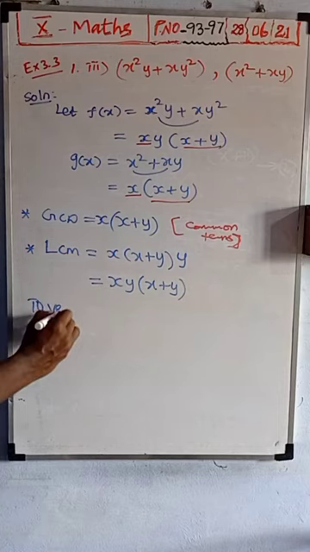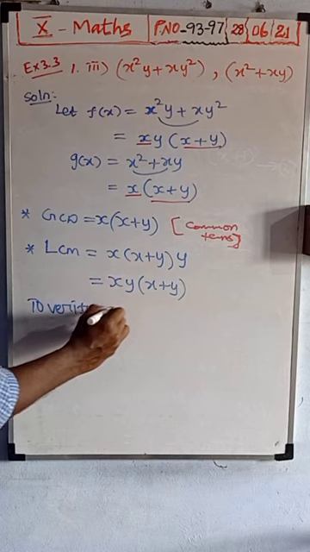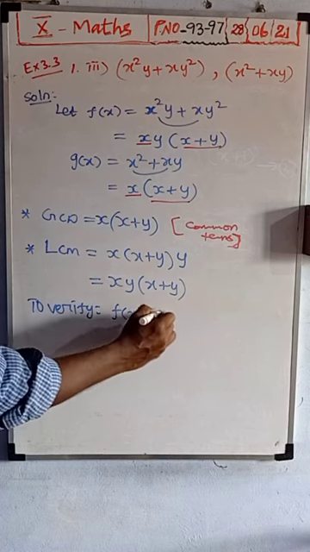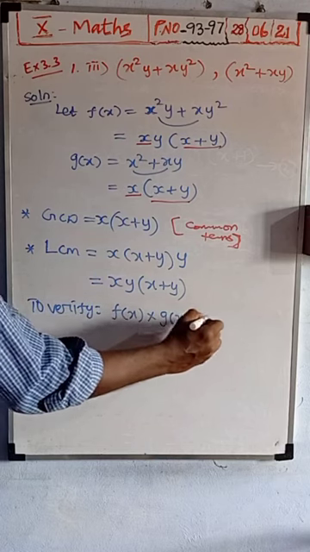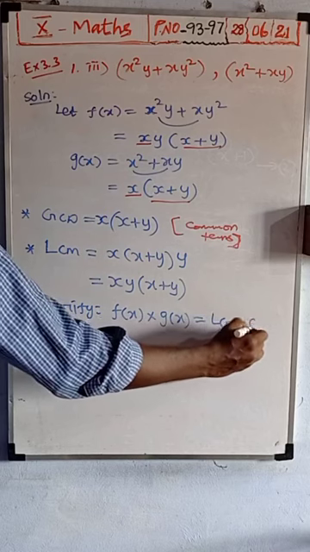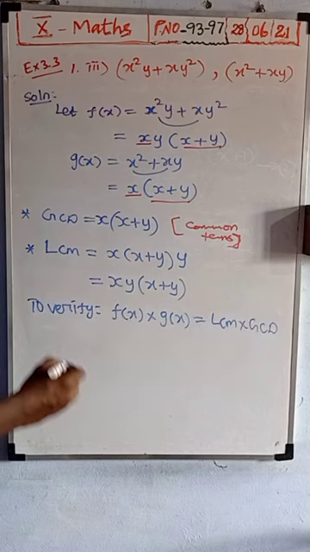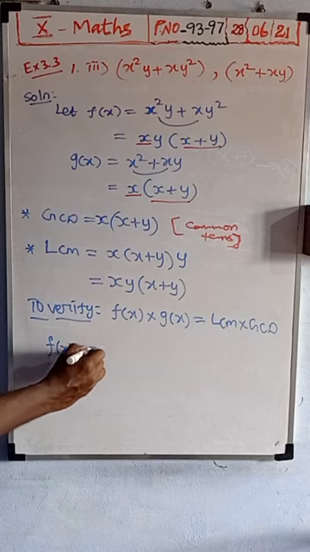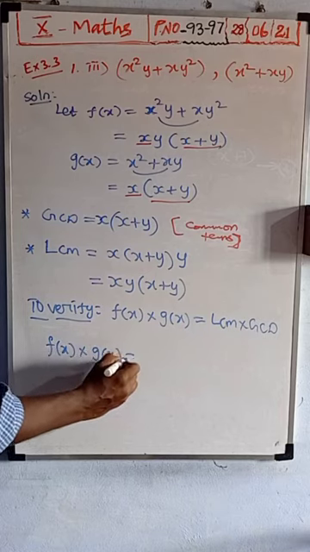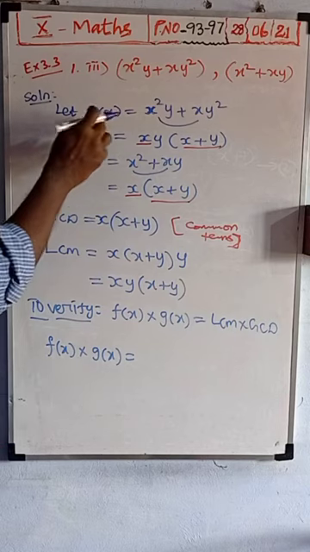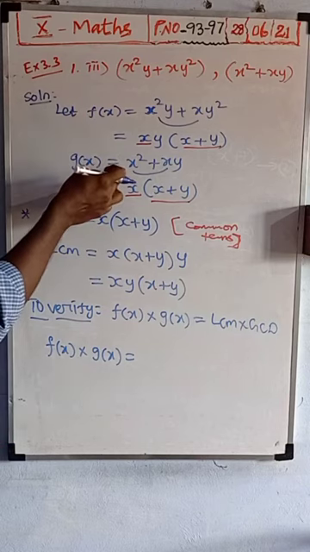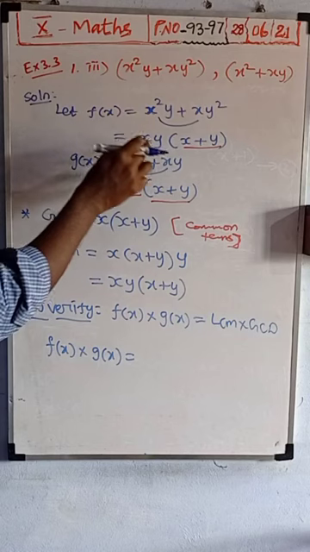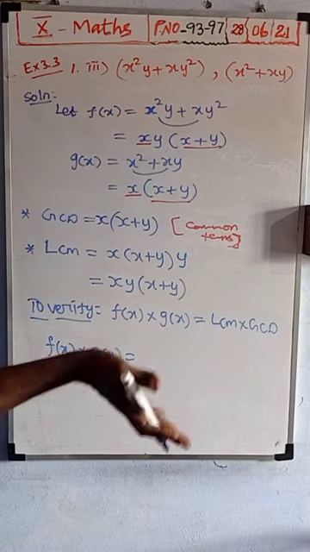Now what do we want to verify? To verify, multiply f of x into g of x, and multiply the LCM into GCD. Both will come out equal. For f of x into g of x, you can multiply the given expressions, or else the obtained factors, both give the same.